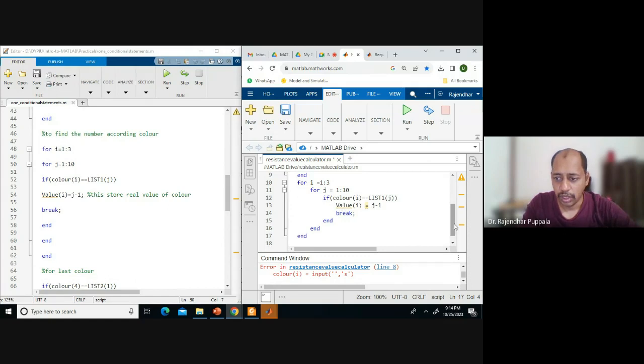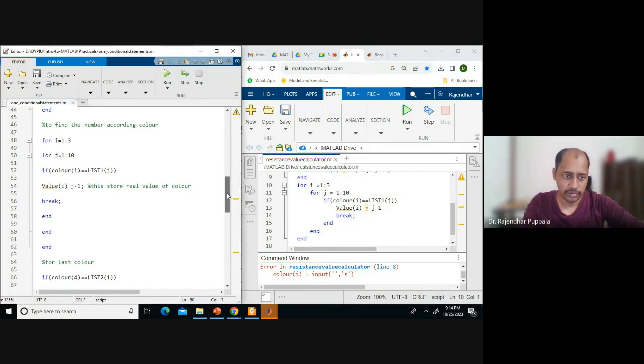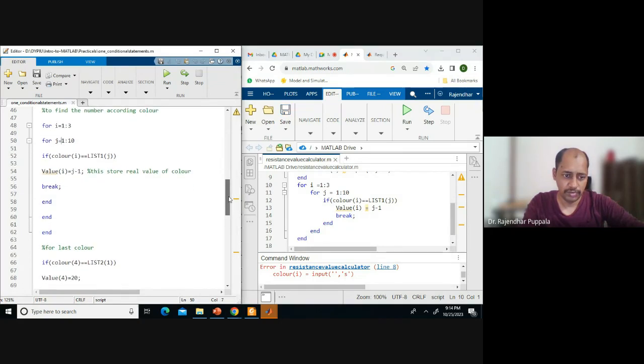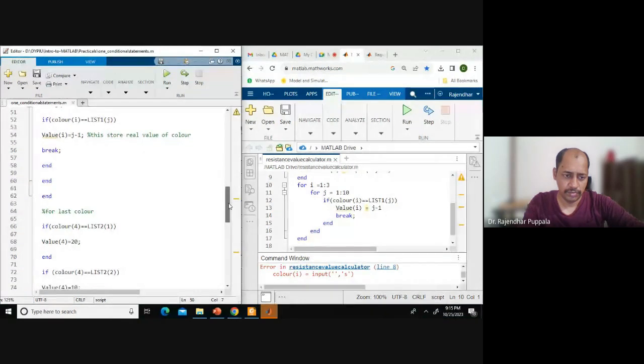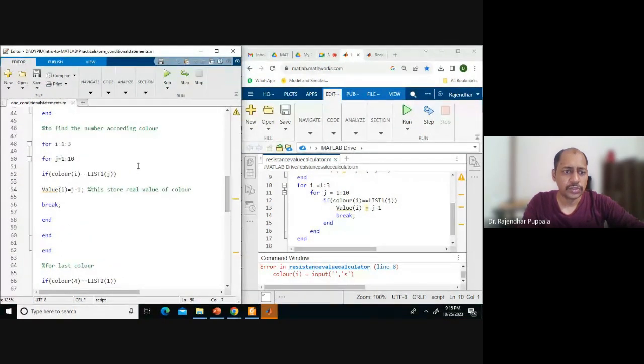Now all the loops are closed here. This is the program. So this is to find the number according to the color.